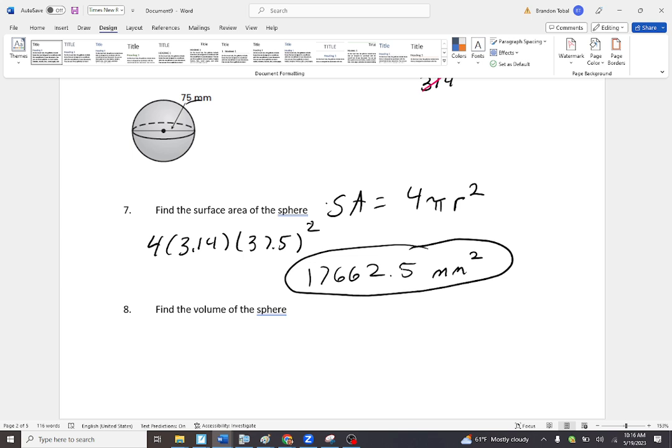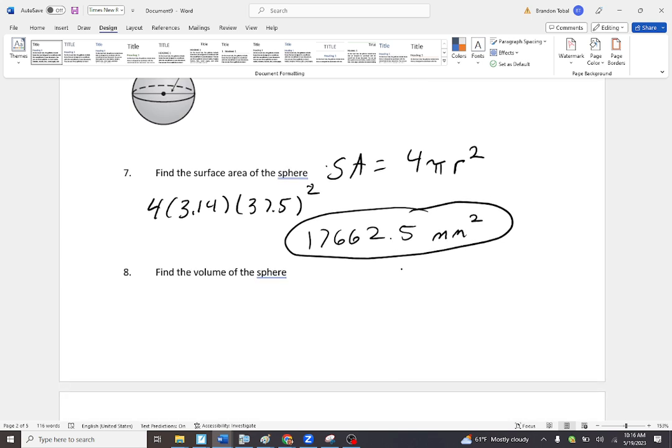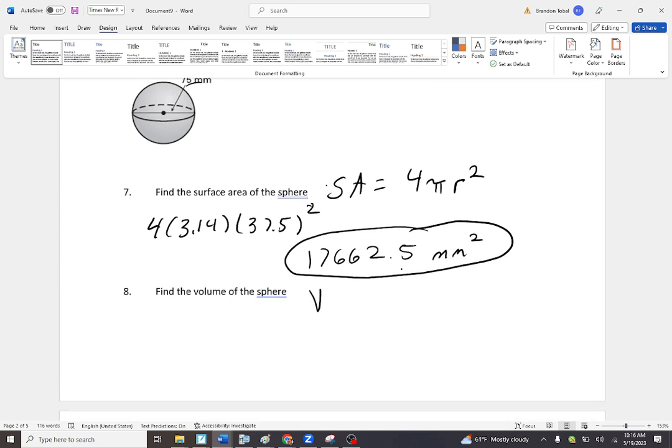Okay, volume, just another formula. Volume equals 4/3 pi r cubed. Think of volume as 3D. There are more 3's in this one versus the other one.